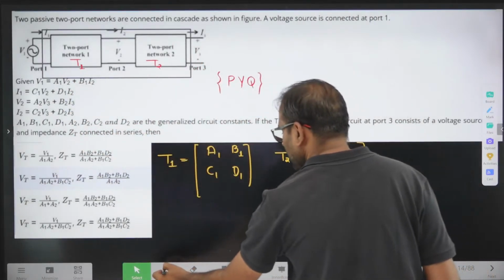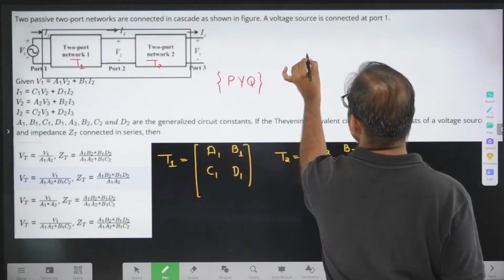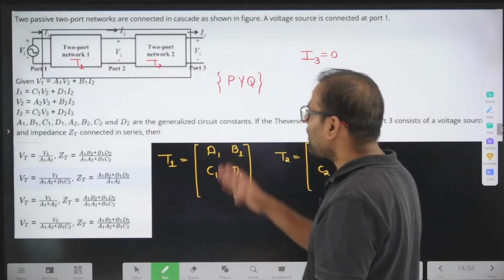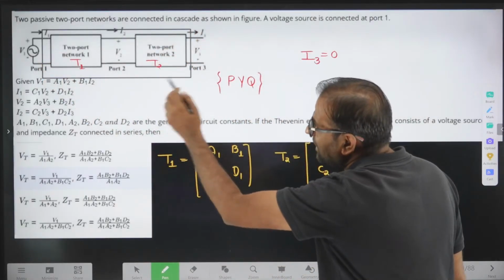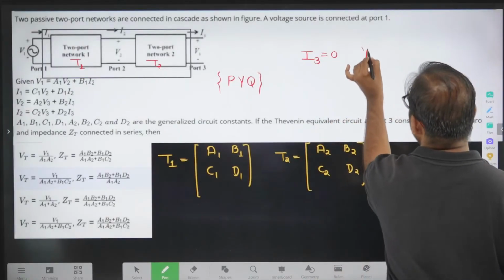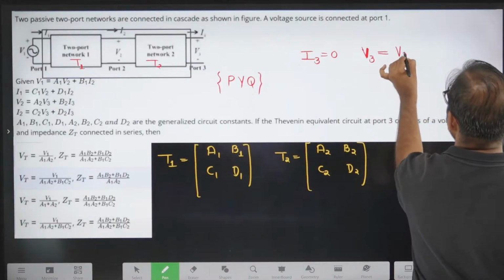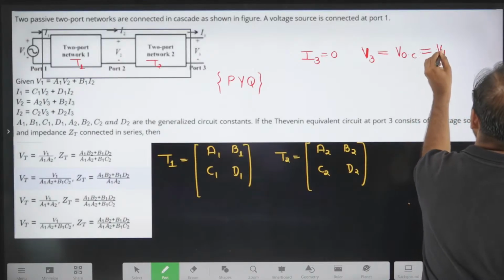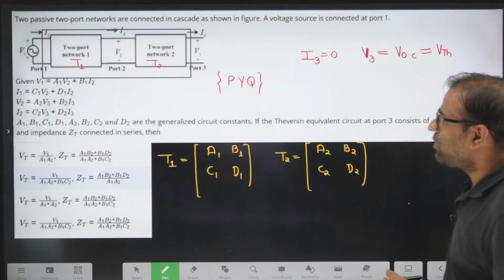When I make I3 equal to 0, only V3 remains at the output, with V1 and I1 at the input. So with I3 equal to 0, the value of V3 is the open circuit voltage, which is known as the Thevenin's voltage VTH.